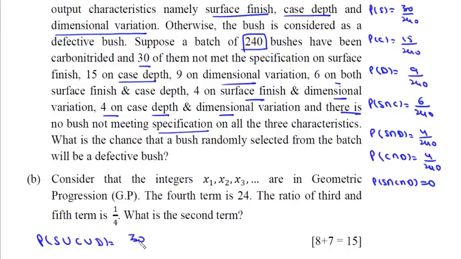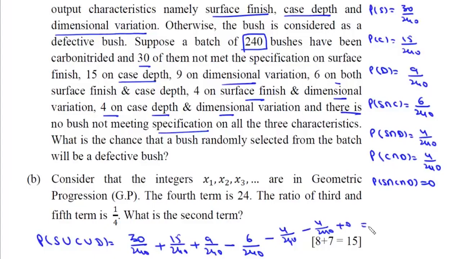So it will be 30 by 240 plus 15 by 240 plus 9 by 240, and then minus S intersection C, 6 by 240, minus 4 by 240 and minus 4 by 240 plus 0, which comes to 40 by 240, and which is 1 by 6. So the chance that a bush randomly selected from the batch will be a defective bush will be 1 by 6.